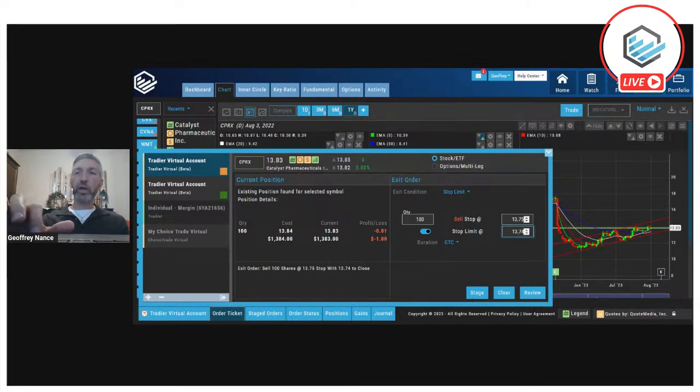If you say trigger at 13.75, but then you've got to sell at 13.74 or better, what if they had a 2-cent spread? It was actually 13.73 by 13.75. Well, it gets triggered at 13.75, but then you said, look, you've got to sell me at 13.74 or better. And they're like, no, we would have given you 13.73, but we're not going to give you 13.74.